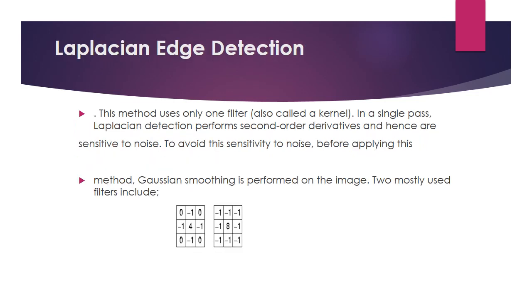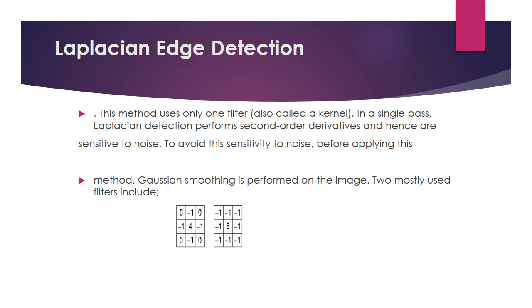Then we have Laplacian edge detection. This one uses only one filter, only one kernel for edge detection. It's referred to as a single pass. It performs second order derivatives, meaning it is more sensitive to noise.